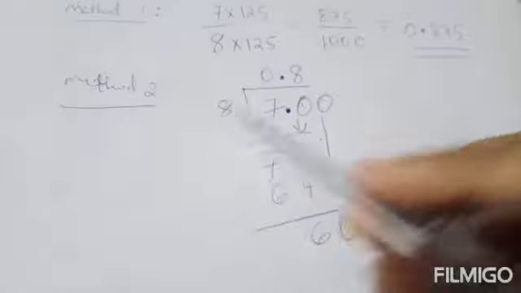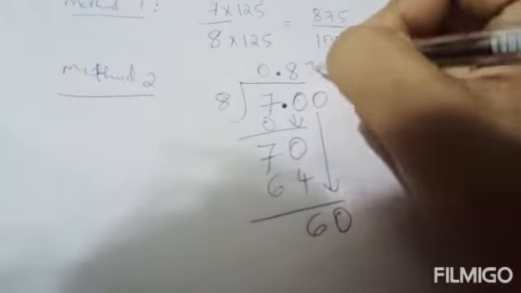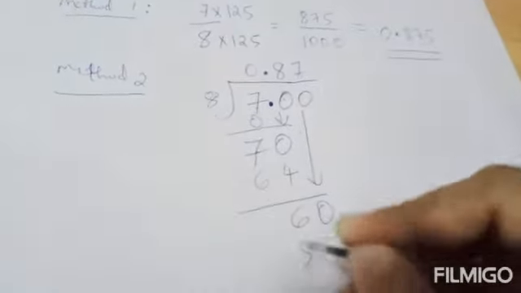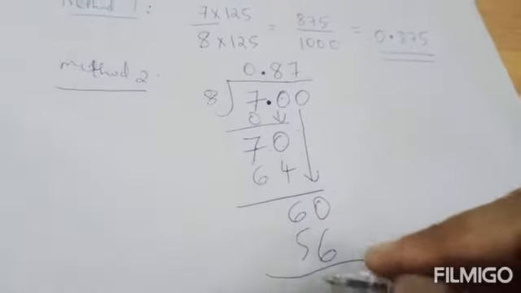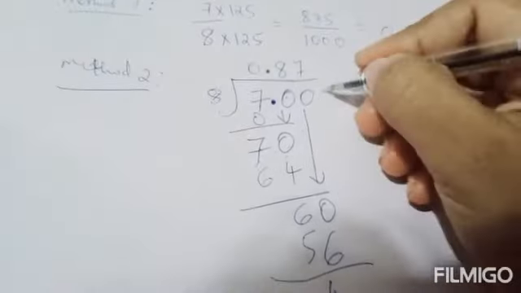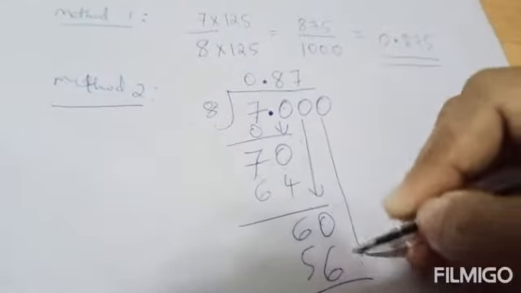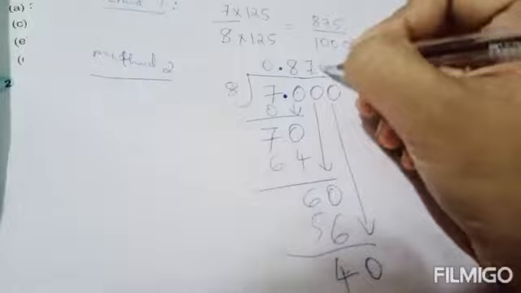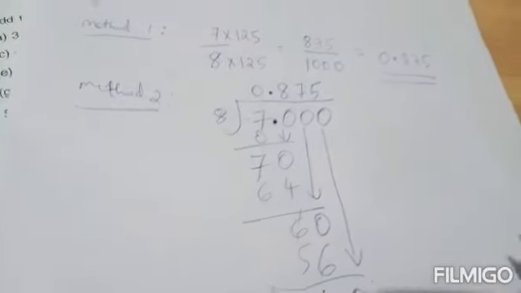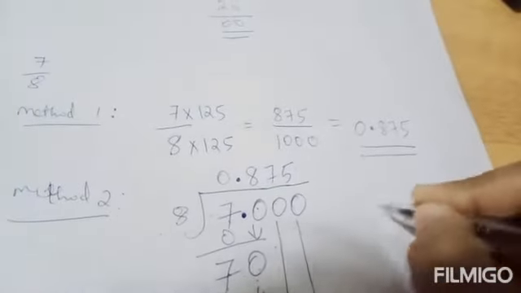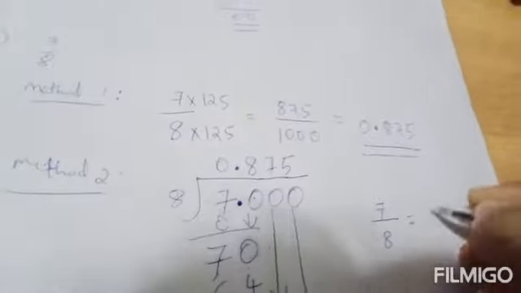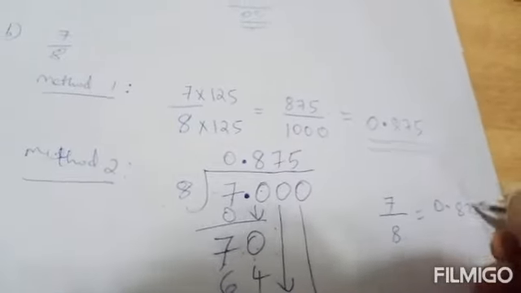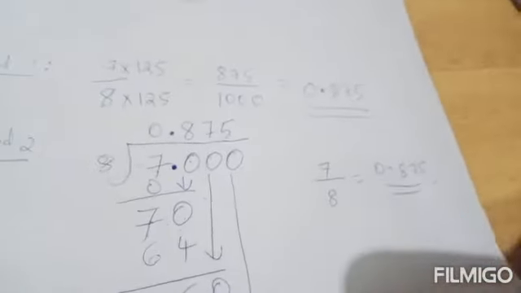Now 60 divided by 8: 8 into 7 is 56. Now the remainder is 4. So again put 0 and write it down. So 40. 40 divided by 8 is 5. 8 into 5, 40. Remainder 0. Now you can stop and the answer is 7 by 8 equal to 0.875. So this is the answer.